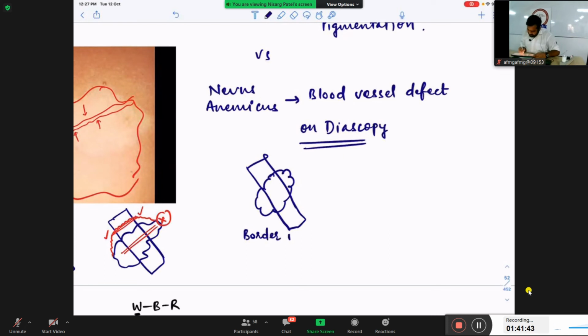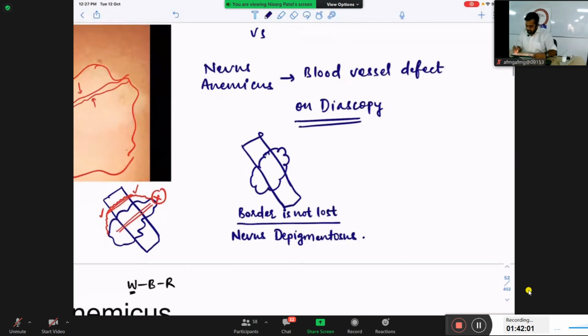if in your exam you are told the border is not lost, it is a nevus depigmentosus.